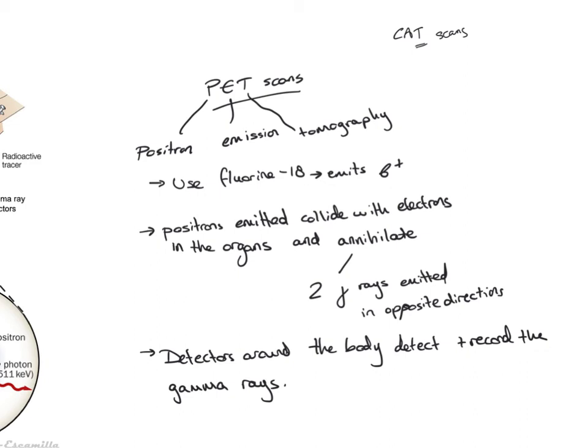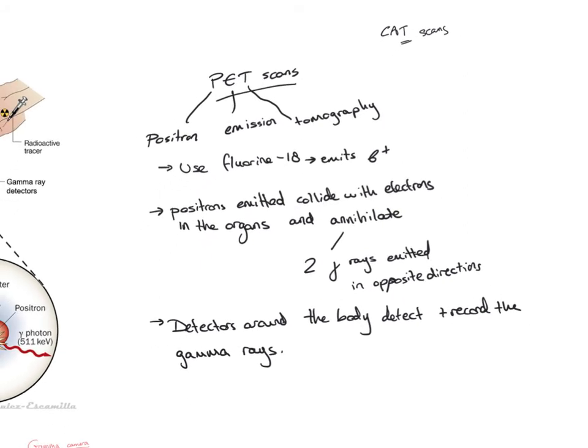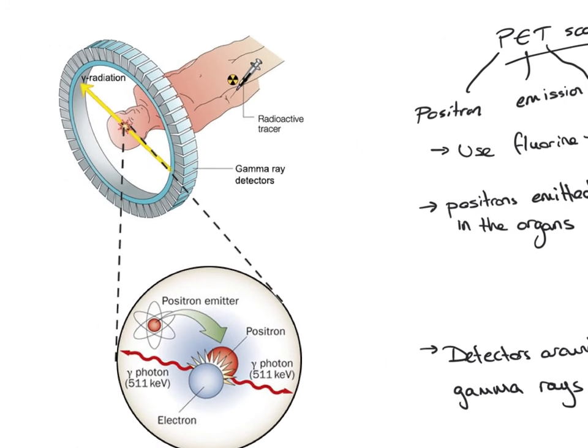Once again, you have your patient, and you will inject the patient with the radioactive tracer. The radioactive tracer will go to the area needed. Obviously, it's chemically combined with a molecule that will help it go to that area, so it could be glucose, oxygen, or whatever.